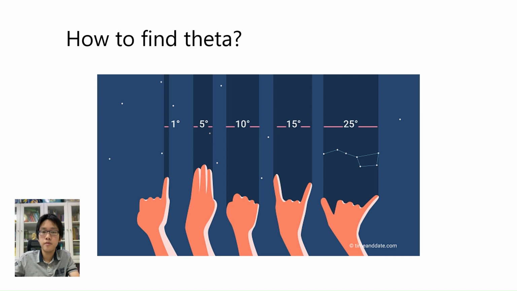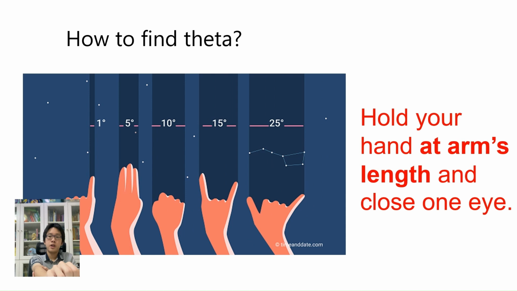The first thing we have to do is hold our hand at arm's length and close one eye, and do the hand signals as shown in this picture.